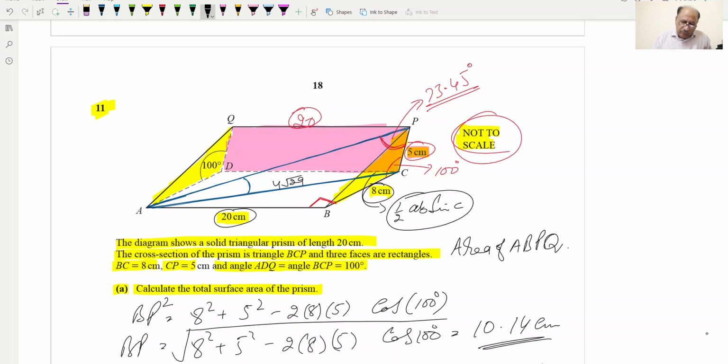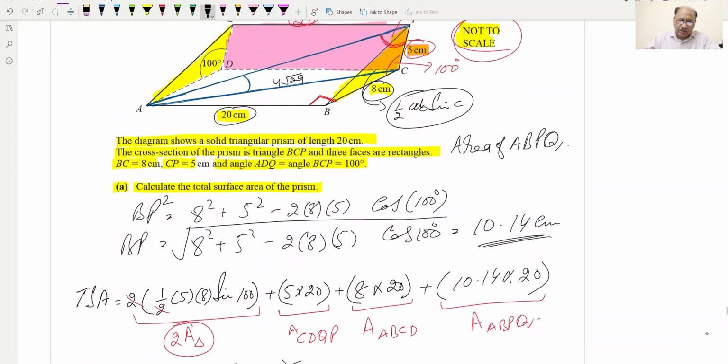Now in triangle APC we have AC, we have PC, and we have one angle also. Since we require the PAC angle, we will directly apply the sine rule.